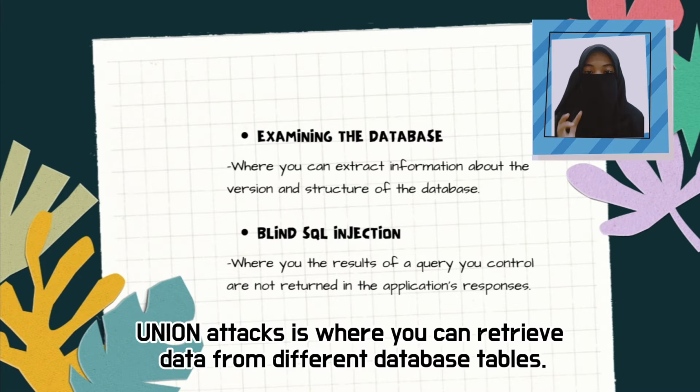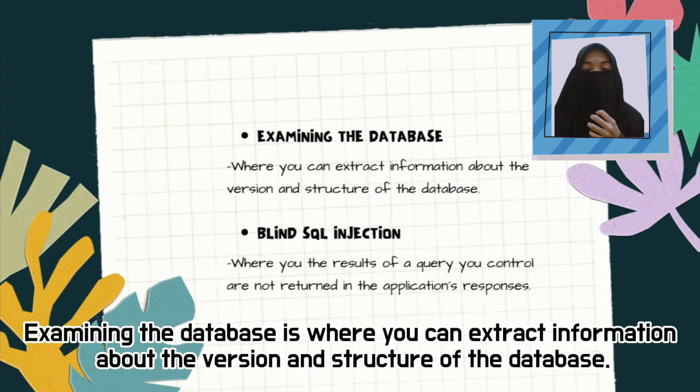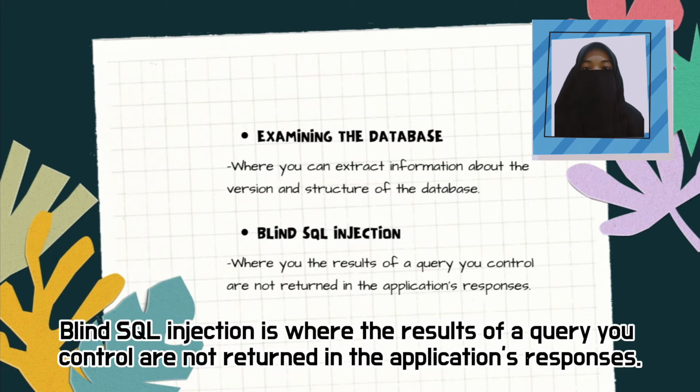Number 3, union attacks is where you can retrieve data from different database tables. Number 4, examining the database is where you can extract information about the version and structure of the database. Number 5, blind SQL injection is where the results of a query you control are not returned in the application's response.